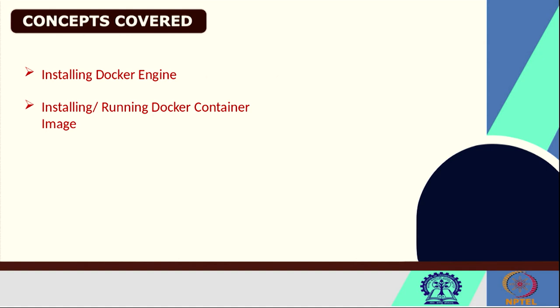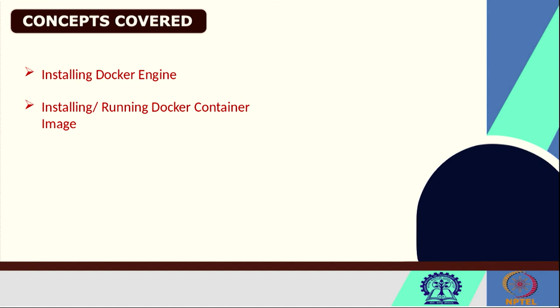Before handing over the control to Mr. Subhobroto and Mr. Anupam, let me give a brief preview of the whole thing, so that it will be easier to follow the demo. What we will be looking at is installation of the Docker engine and running Docker container images.